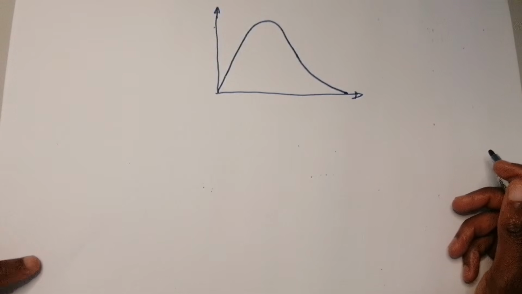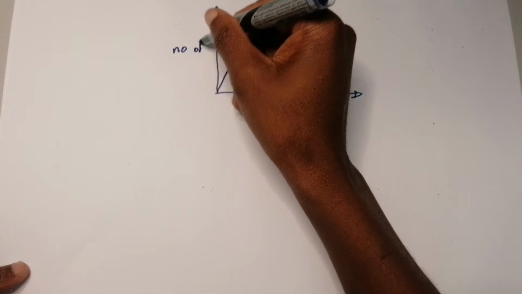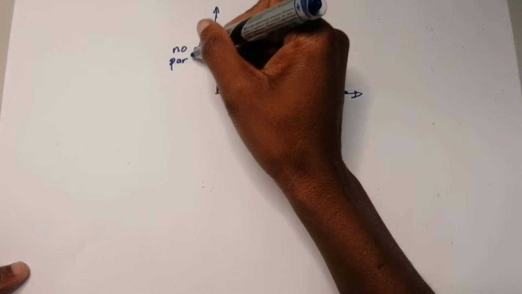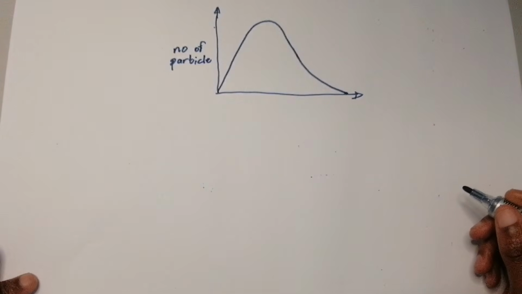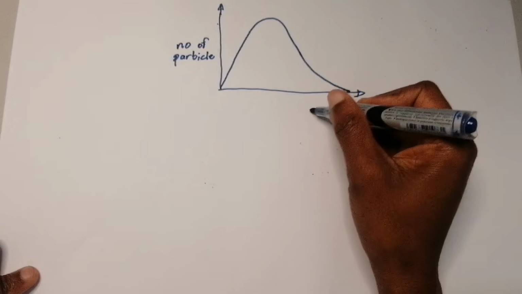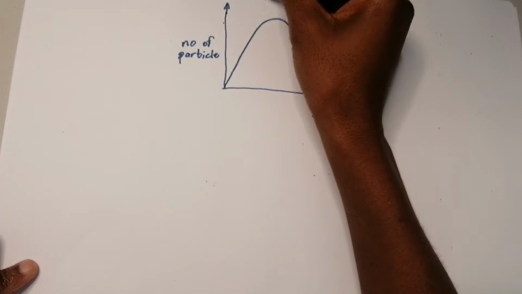So this is the number of particles that are colliding, against their kinetic energy.